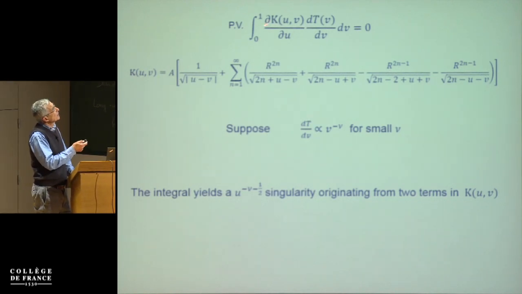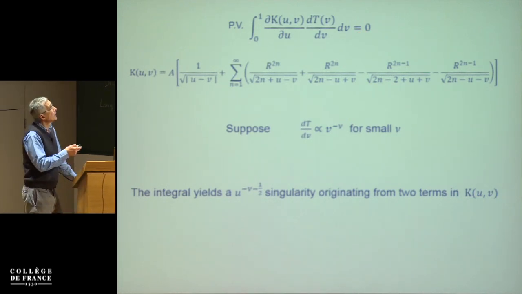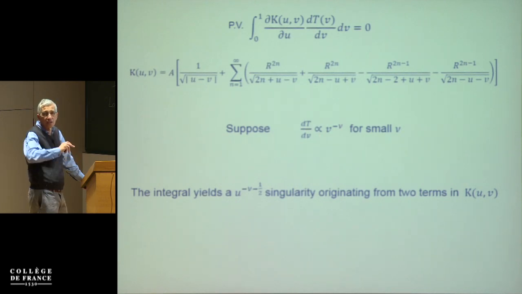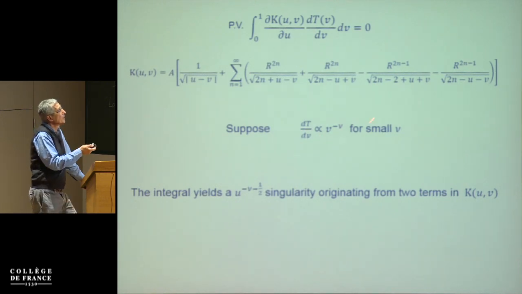Okay. So this is the relation. You have dk, this integral has to be equal to 0, where this is the kernel. Now, when you look at this integral, suppose that the dt/dv is just v to the power minus nu, so that indeed there is some singularity at the end.